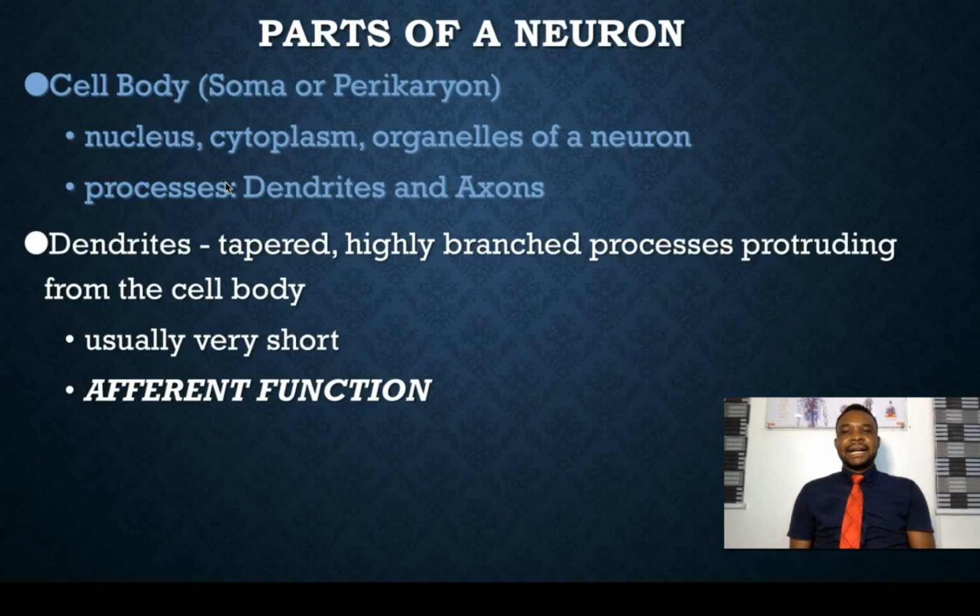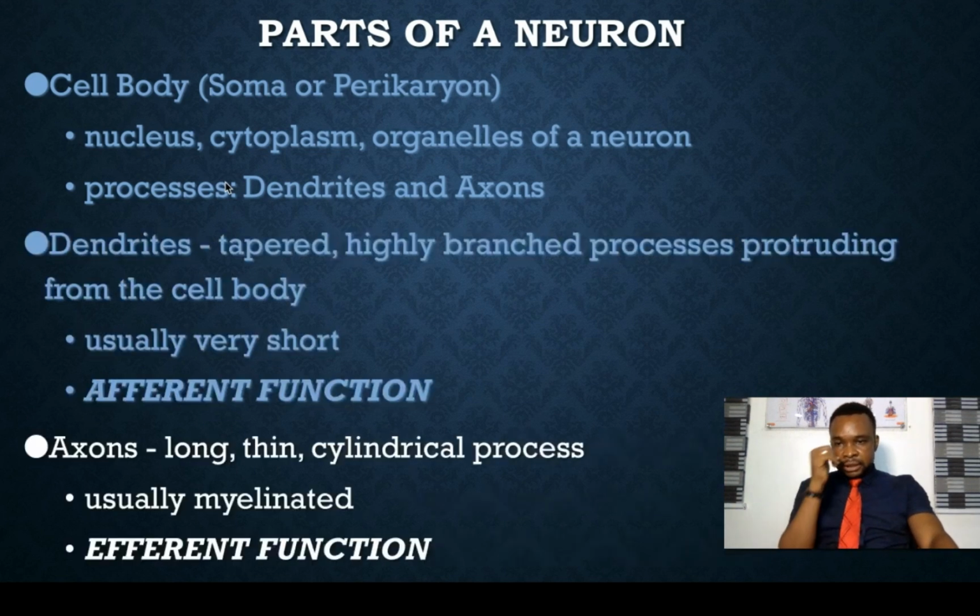The dendrites are highly branched processes that come out of the cell body. They are numerous, they are branched like a tree, and they are usually short. They convey afferent information to the neuron.